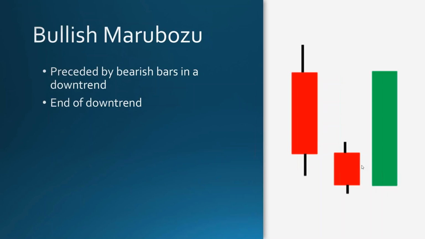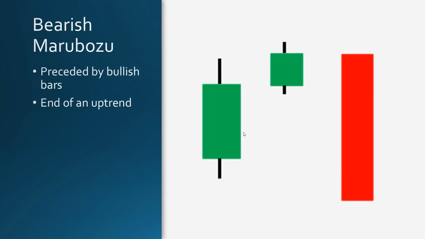And then you get a very small bar here that makes a low, and it is followed by a bullish Marubozu bar, okay? That is indicative of the end of the trend. What I like to see is for a test to come back to this low, but this is indicative that the trend is ending.